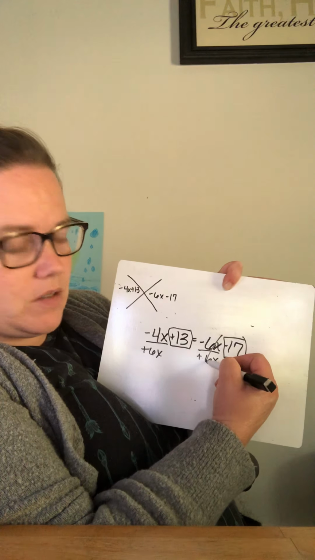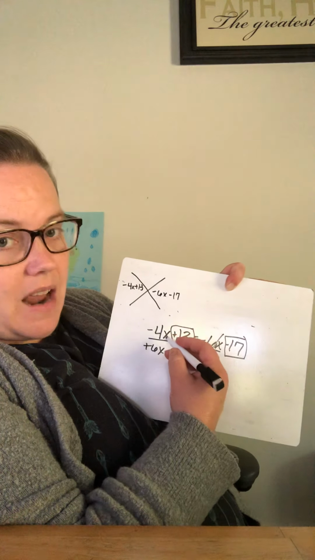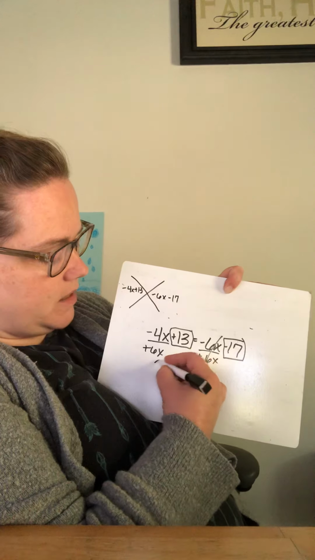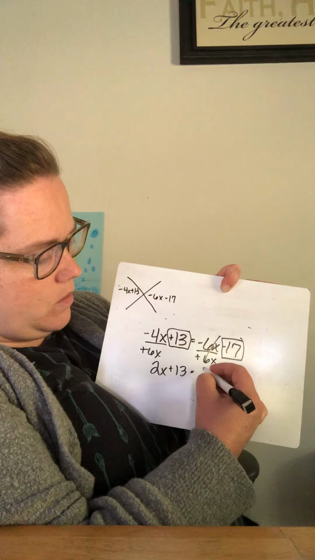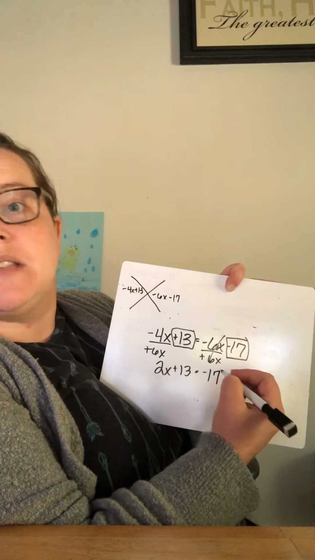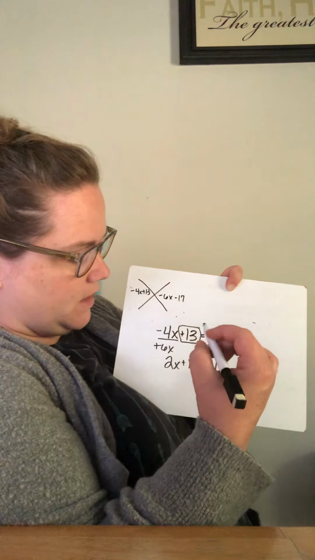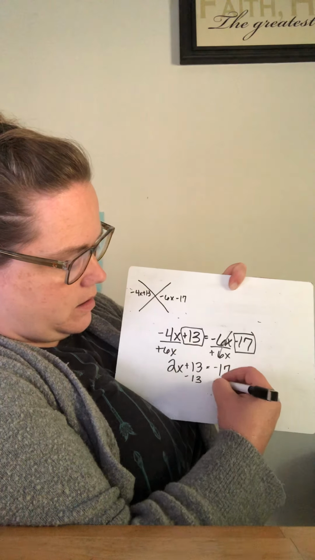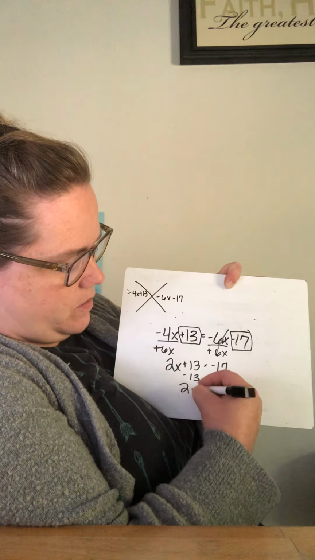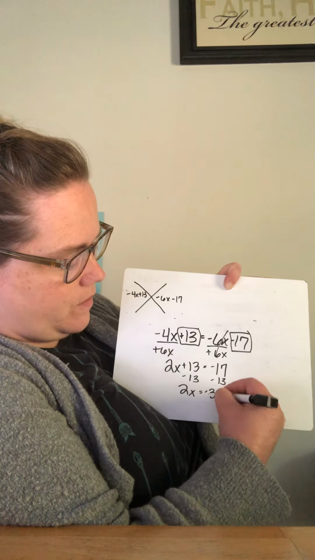This crosses out. Negative 4x plus 6x gives me 2x plus 13 equals negative 17. And then I'm going to subtract 13. 2x equals negative 30.